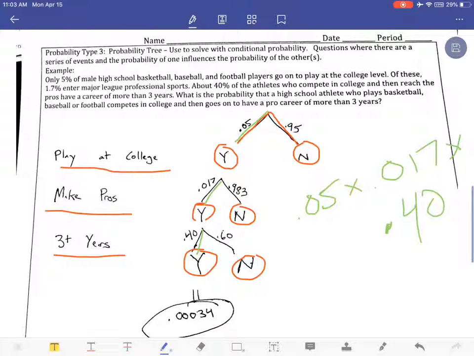On your calculator, that's going to give you scientific notation, which is 3.4e-4, which means that we move that decimal place over 4 spots. So you're going to have 3 zeros in front of that.